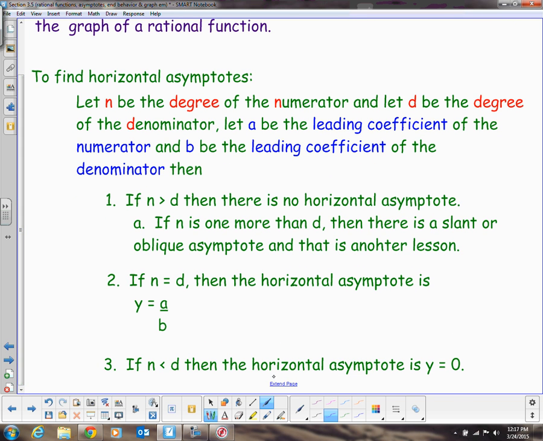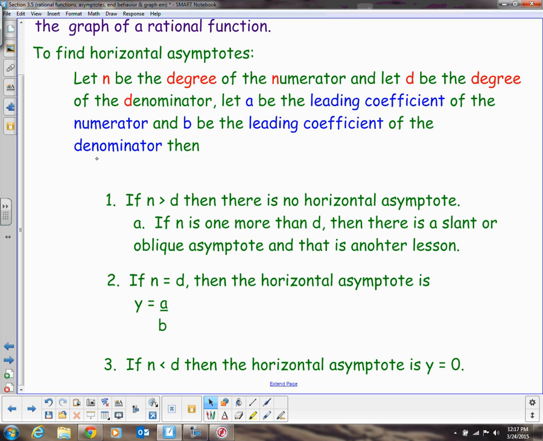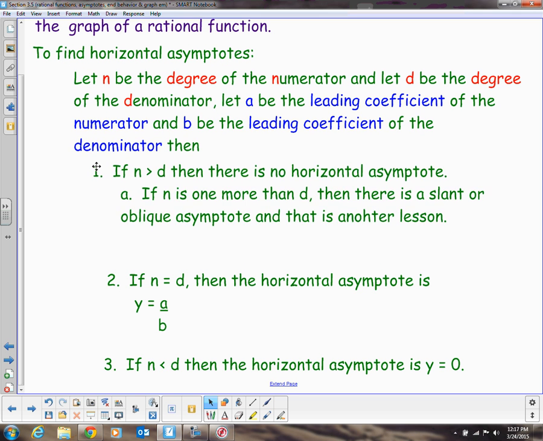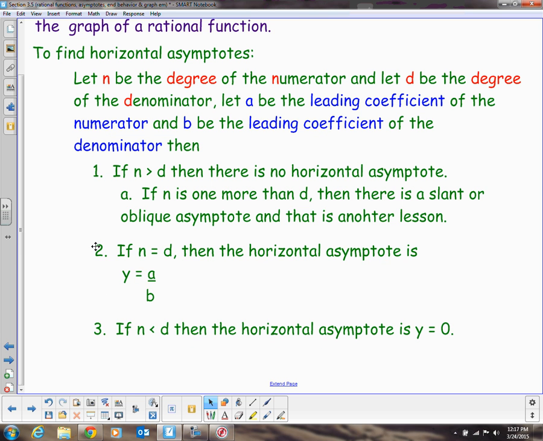Now, I color-coded these to help you. But you're going to have to know these rules. If you don't know these rules, then it's hard because you have no clue. If you had the calculus, then you wouldn't have to memorize the rules. Let n, in red, be the degree of the numerator. Why did I let n be degree of numerator?